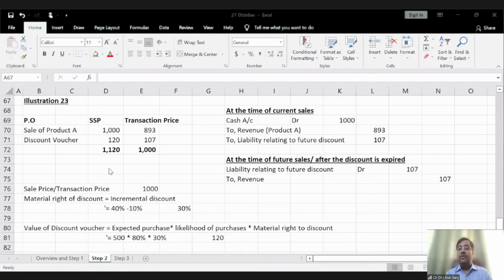So the value of the discount voucher as per transaction price is 107 rupees only. So we have received 107 rupees relating to the discount voucher, and we have to allocate this 107 from the next purchases. Clear? I hope it is clear to all of you. Is it clear, friends?